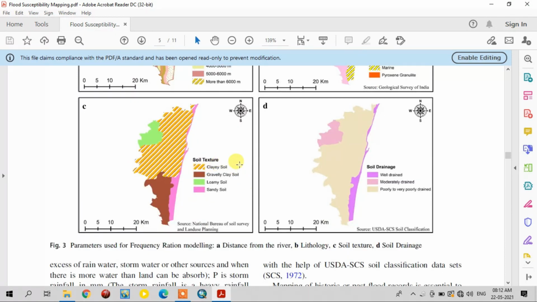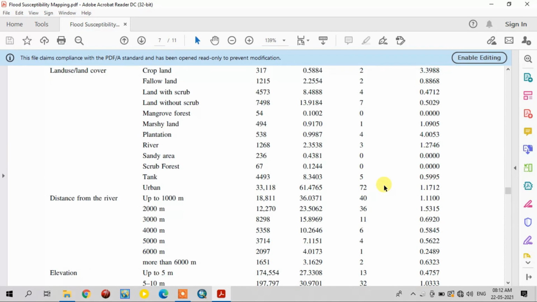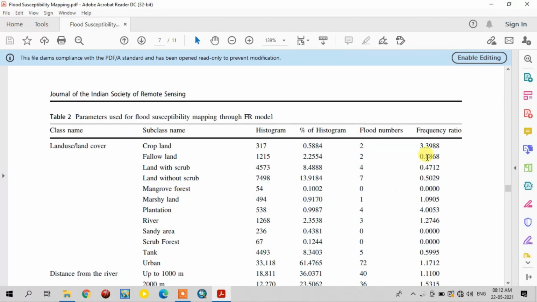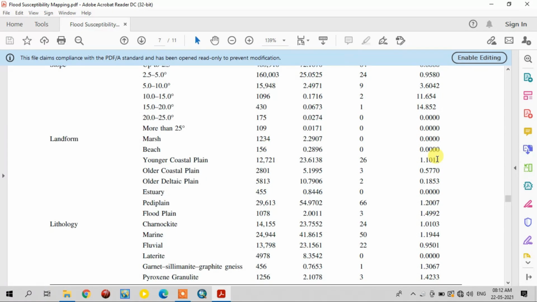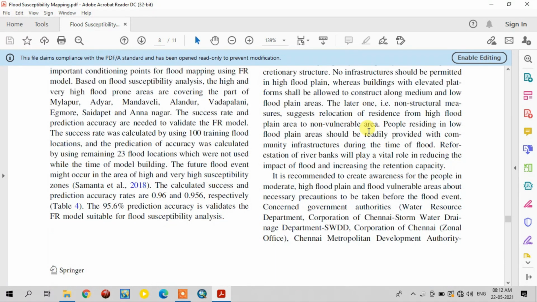Soil texture is prepared from the National Bureau of Soil Survey and Land Use Planning, and soil drainage is prepared from the soil texture map. Okay, this one also we have already seen. This frequency ratio value is taken for flood susceptibility mapping.